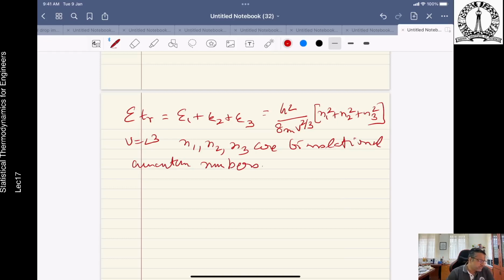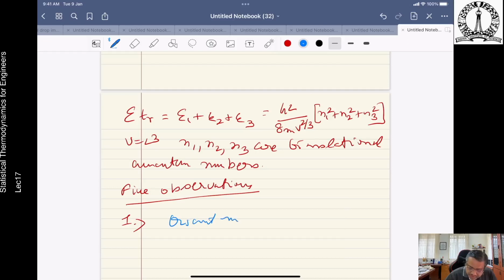All right. So there are 5 important observations, as we said in the last class, that we can make. First observation: we note that these quantum numbers are generated automatically. The quantum numbers were not ad hoc.